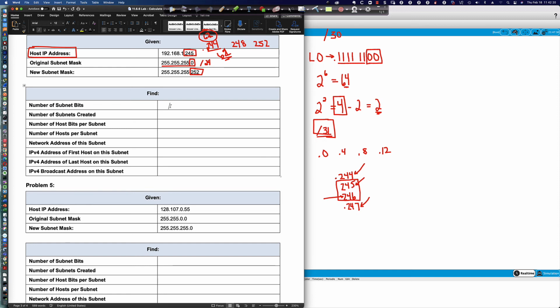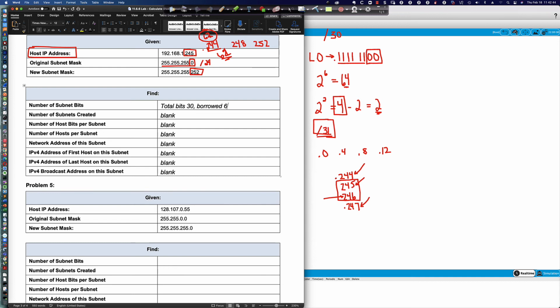We'll take it. So number of subnet bits, the total, and I'll highlight this and change it so we can read it. And actually, let me do that right now. I still do not know why the sheet is behaving like this. All right, so total number of subnets. So we would say subnet bits. So total bits used is going to be 30. And we borrowed how many bits?